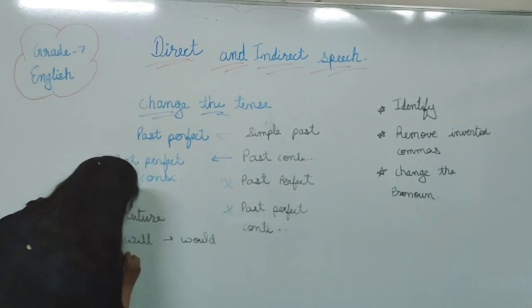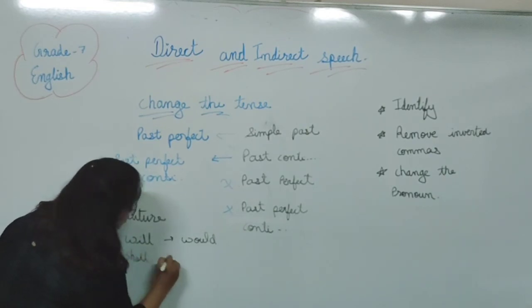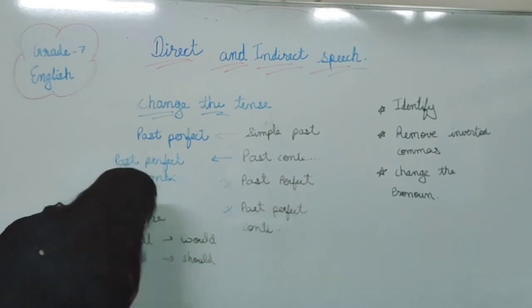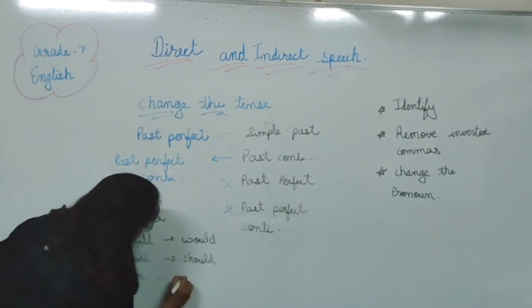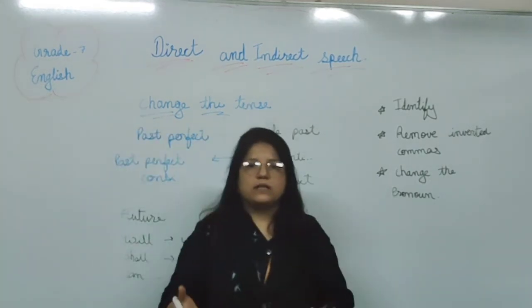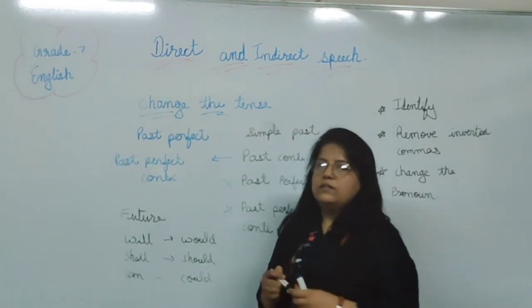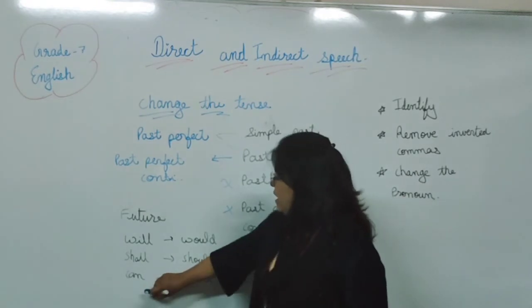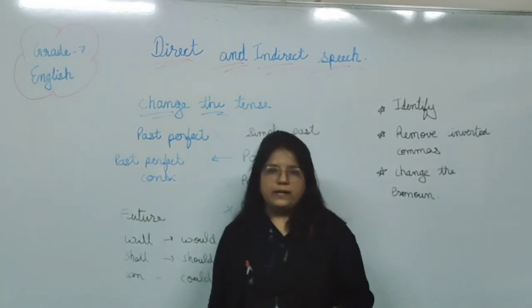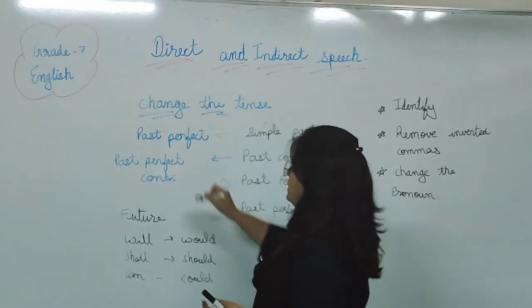We can say shall, should, can, could, may, these types of modals we will use when we are having this reported speech in future tense. So I hope this thing is clear.